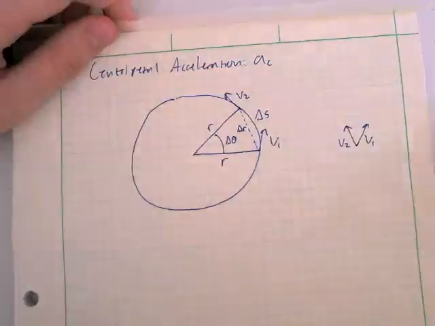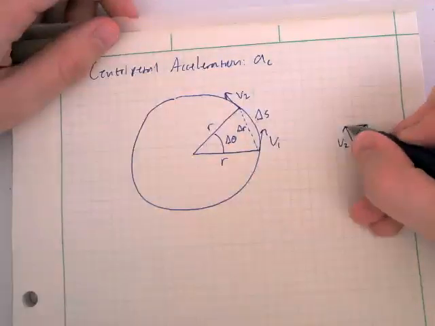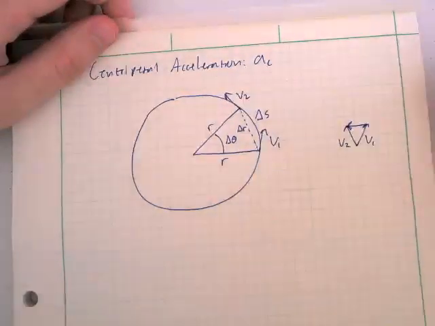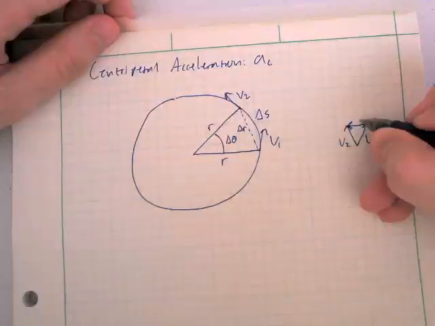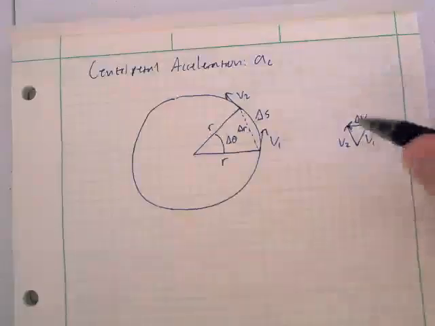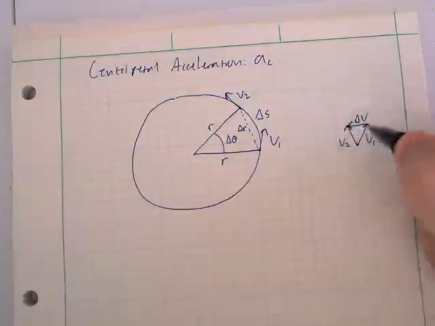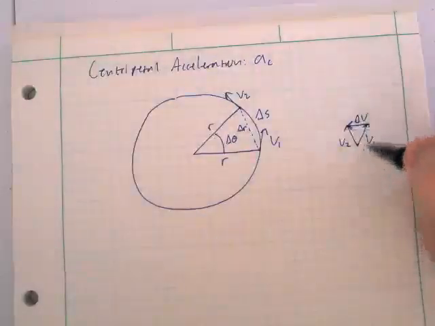The speed is the same, and the difference between these, just doing my simple visual vector addition, right? V1 plus delta V has to get me to V2, so this is delta V, right? Whatever this small vector is that, if I add it to V1, my change in velocity delta V, gets me to my V2.